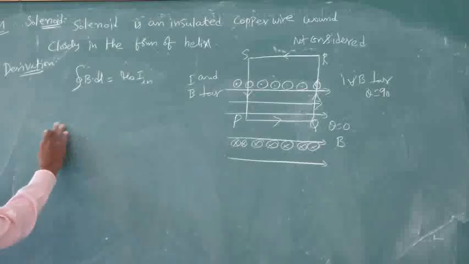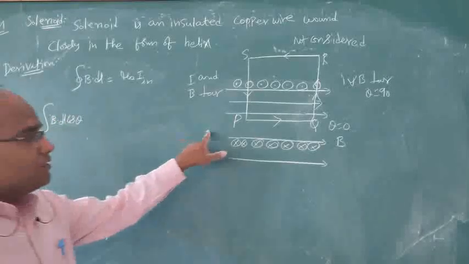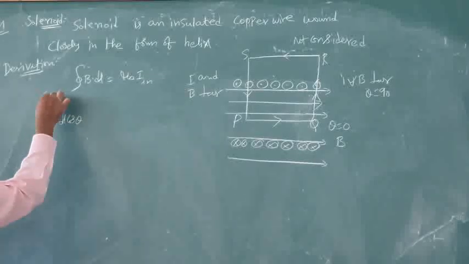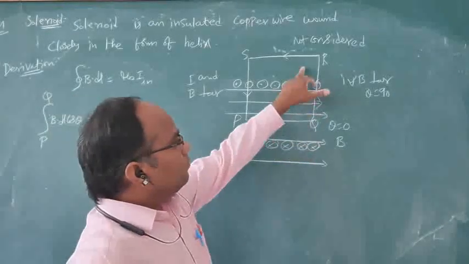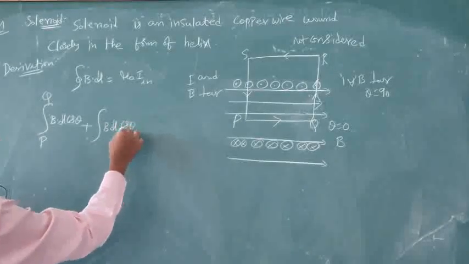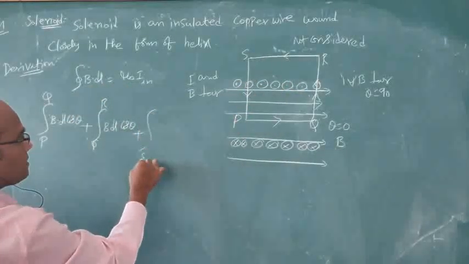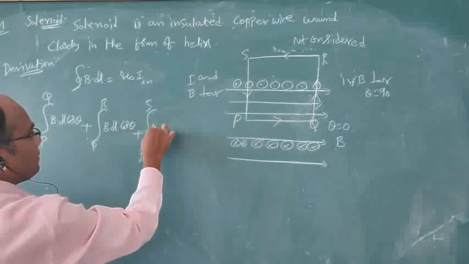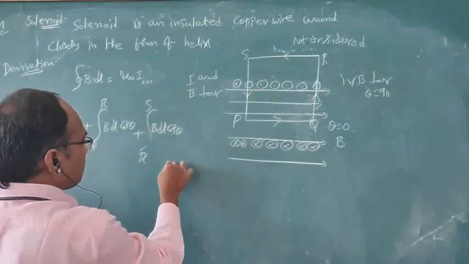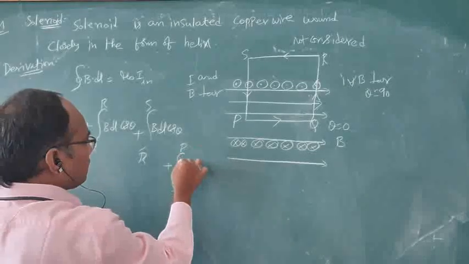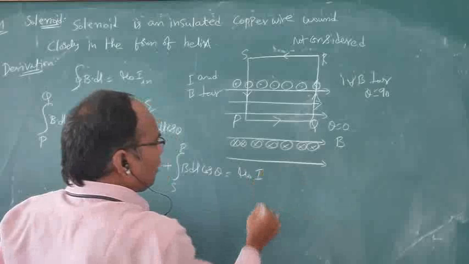We can write it as the integral from P to Q of B dl cos theta, plus integration from Q to R of B dl cos theta, plus R to S of B dl cos theta, which is outside the loop, plus integration from S to P of B dl cos theta, is equal to mu naught I in.